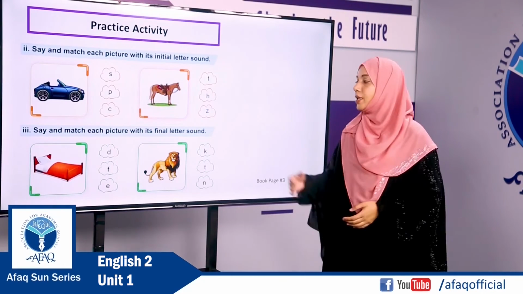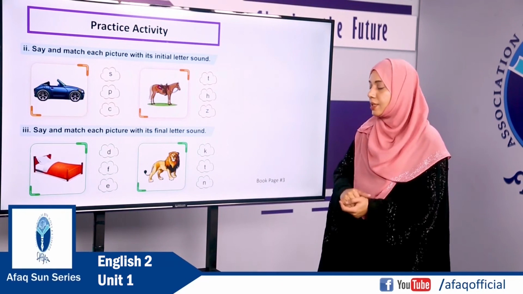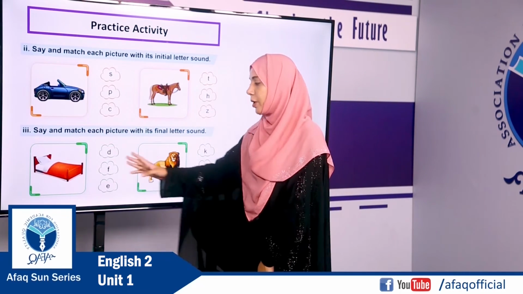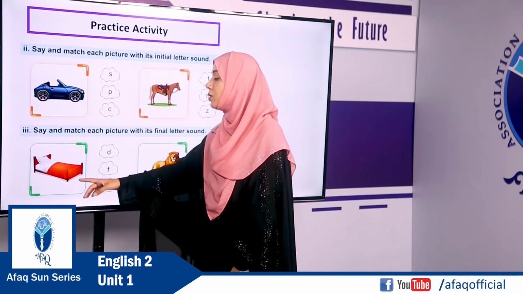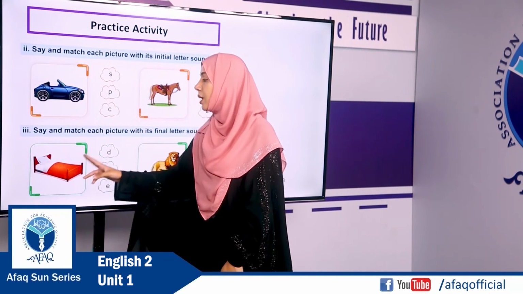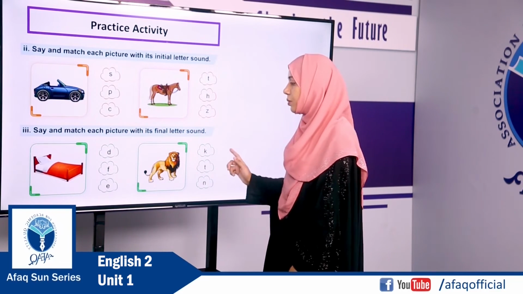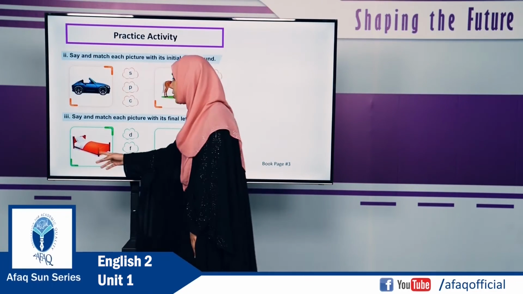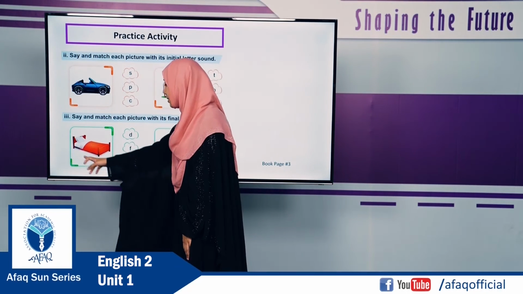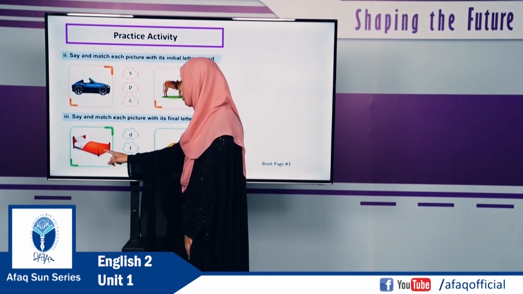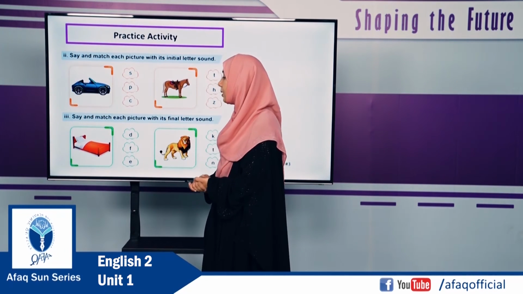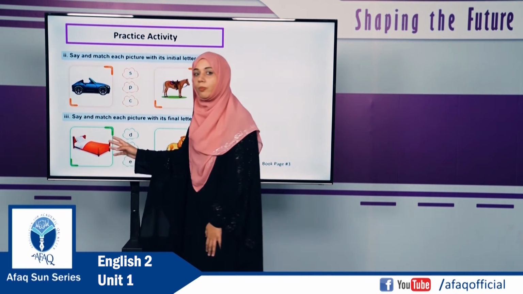Now let's look at activity number 3. In this activity, you have to look at the pictures and then you have to say the names of the objects and match each picture with its final letter sound. Let's do this one together. What is this? Can you tell me? This is a bed.